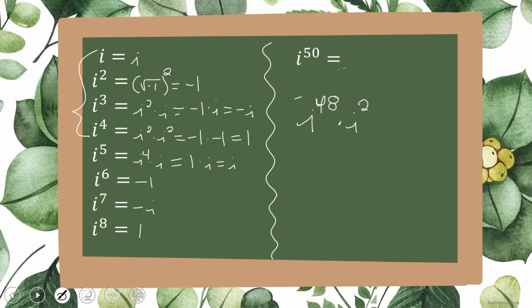Well, because 48 is a multiple of 4, I know that that's going to end up being 1, because the fourth number in my pattern is always a 1. And i squared is a negative 1. And so the product of those is negative 1. So i to the 50th is equivalent to negative 1.